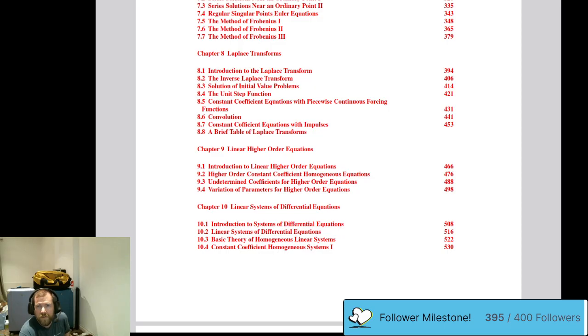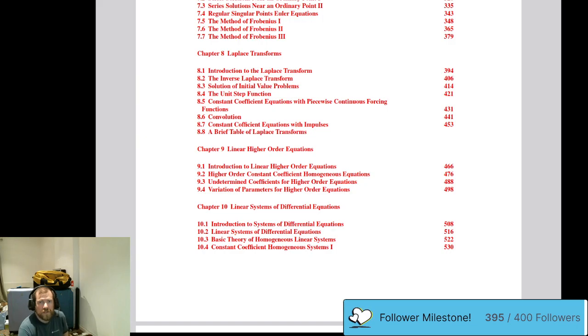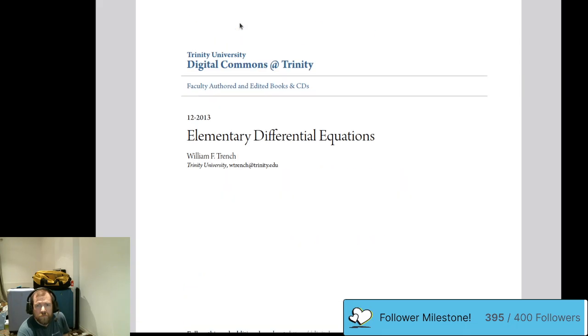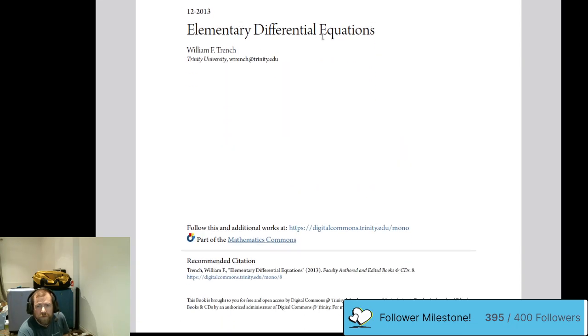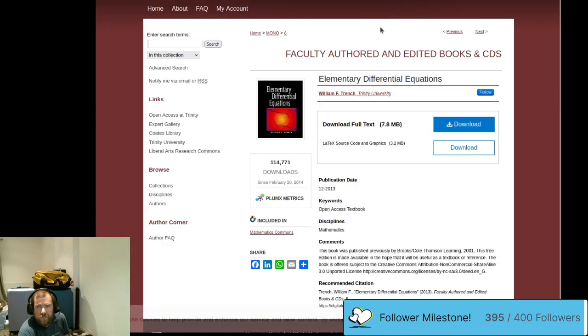Okay. So let's... Digital Commons. I think we want almost the exact same thing, but we want the one that's our elementary differential equations with the other one.